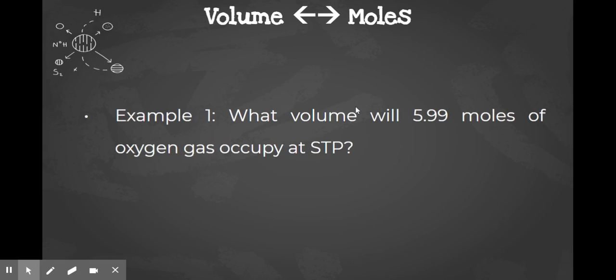So let's see. Here's an example problem. What volume will 5.99 moles of oxygen gas occupy at standard temperature and pressure? Okay. So because we're starting with moles and going to volume, we know we're going to multiply, just like with the particles. So we have 5.99 moles. And we're going to multiply that by 22.4 liters in 1 mole.